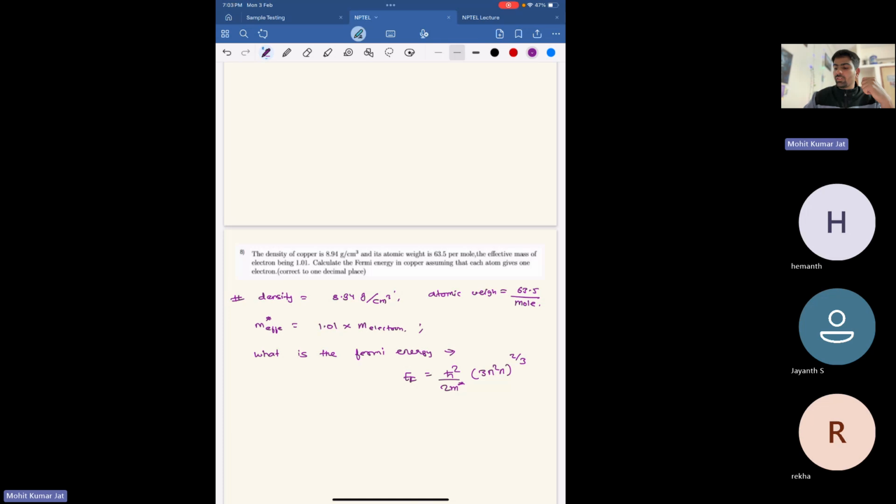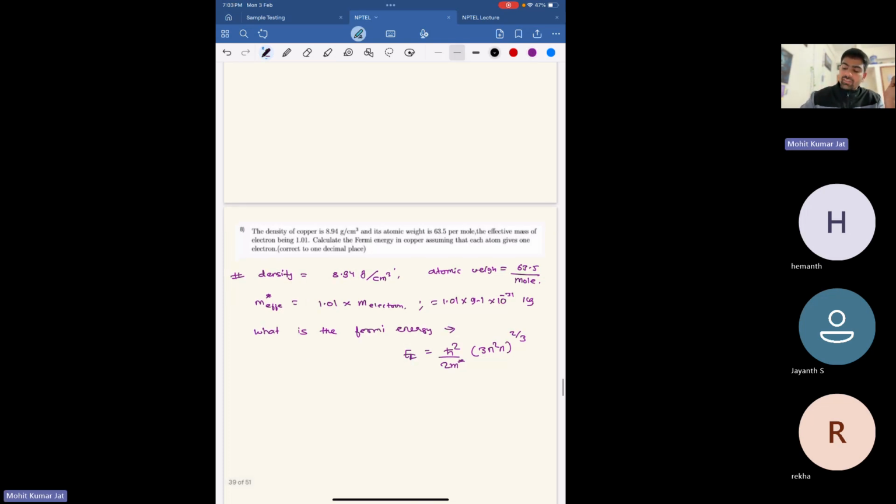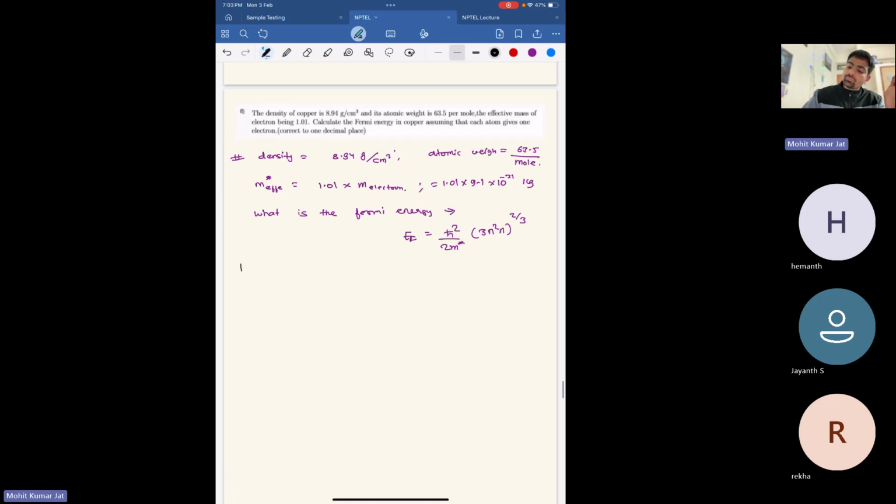M effective they have given, that is 1.01 times the mass of a free electron, that is 1.01 times 9.1 times 10 to the power minus 31 kg. 3 pi squared is a constant. All I have to extract is the carrier density. So let's extract the carrier density.